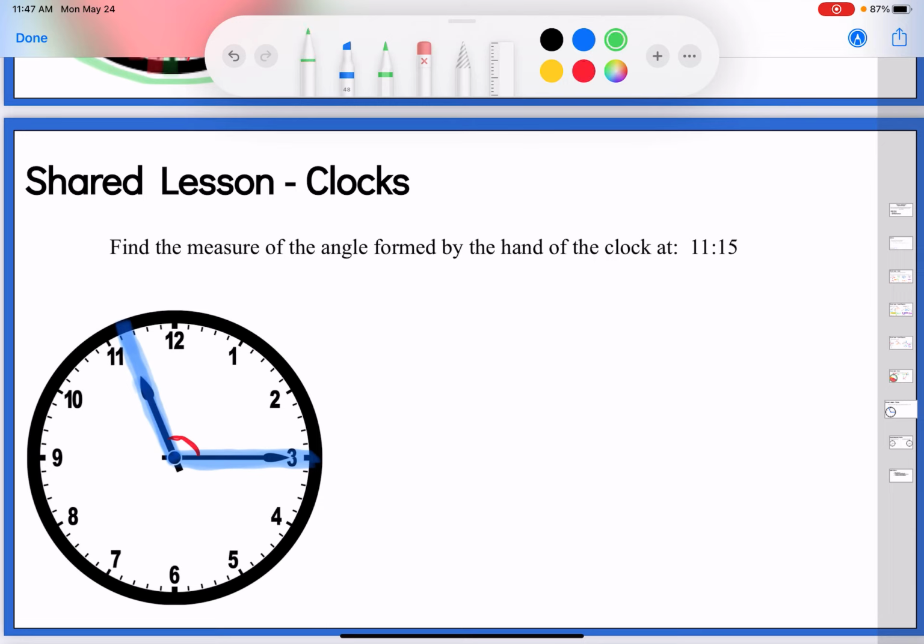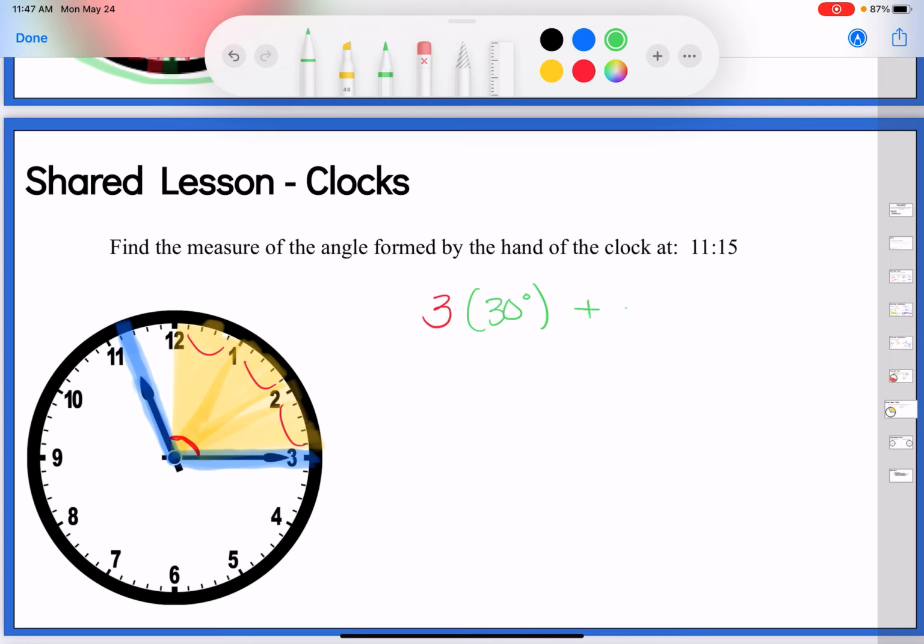So how many full sections do I have? I'm going to use some easier colors to see. Here's 1 full section, 2 full sections, 3 full sections. So I have 3 full sections times my 30 degrees.